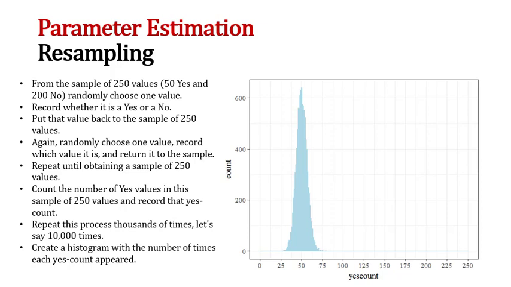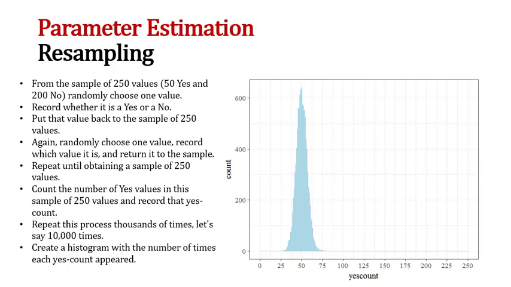Okay, so we do that and we calculate the yes count of that sample. So we generated a new sample of 250 values, and of those 250 values, some are going to be yes, some are going to be no. So we count the number of yes values in that new sample.